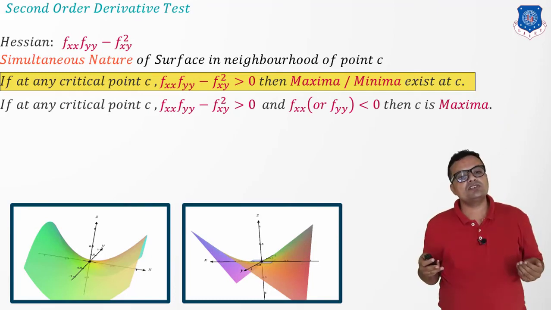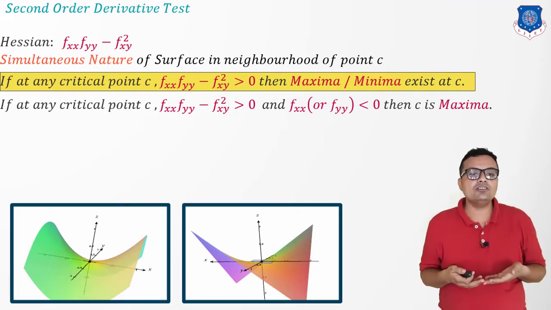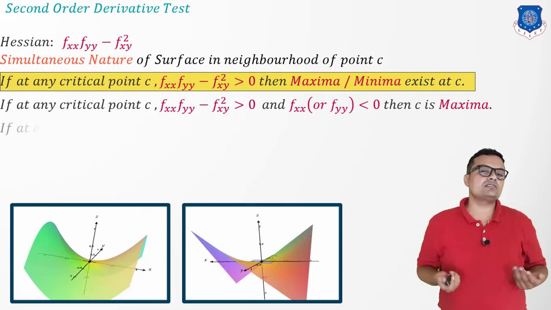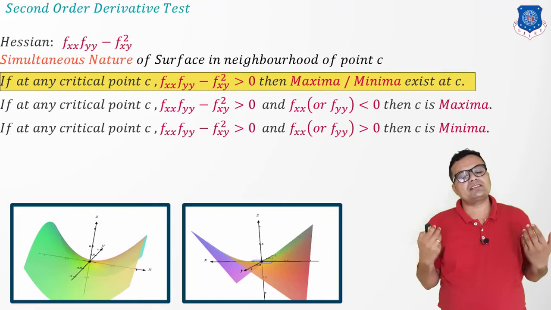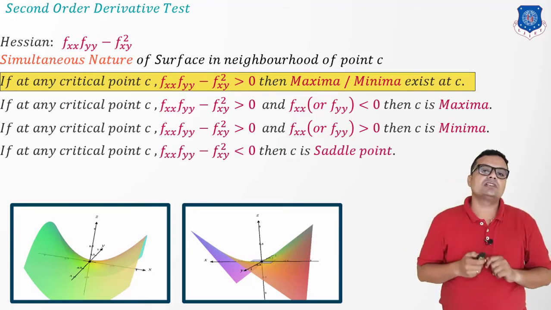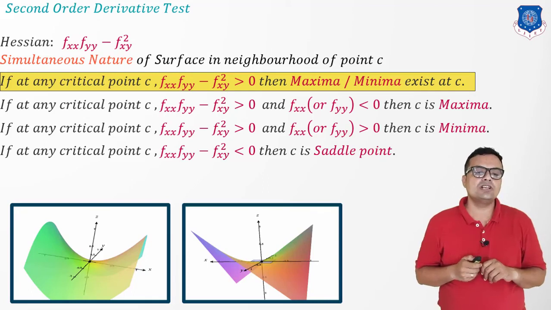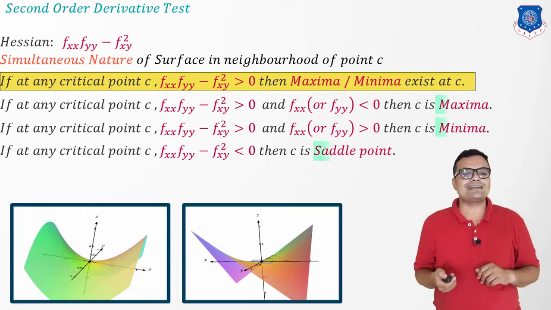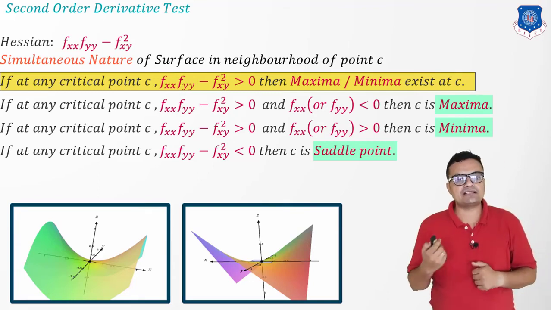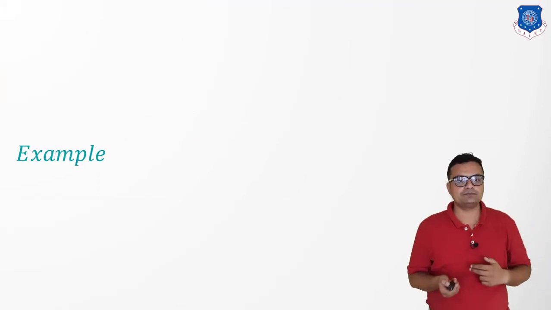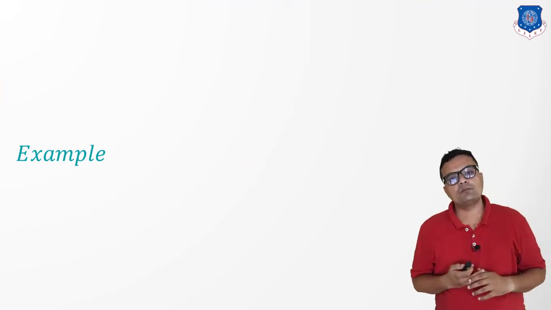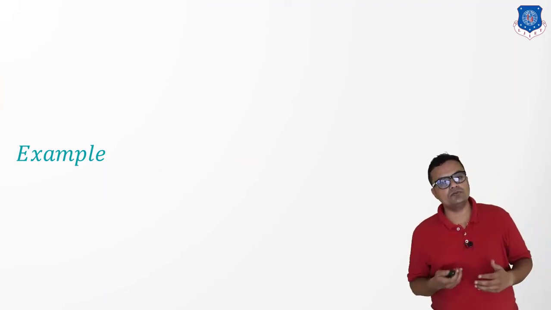If it is less than 0, then acceleration is negative, and that means our point is at maximum height, so it is maxima. And if acceleration is positive, the point is minima. But if this Hessian is negative, that critical point is a saddle point. You need to note these three values: maxima, minima and saddle point. Saddle point is somehow analogous to a point of inflection in a function of two variables.